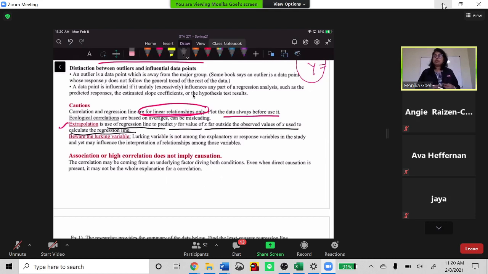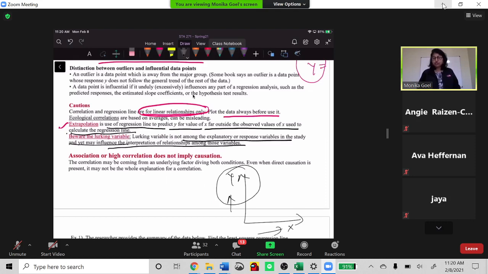They are neither in your explanatory nor in your response variable, but they are affecting your response variable. So a lurking variable is not among the explanatory or response variables in the study, yet may influence the interpretation of the relationship among the variables.